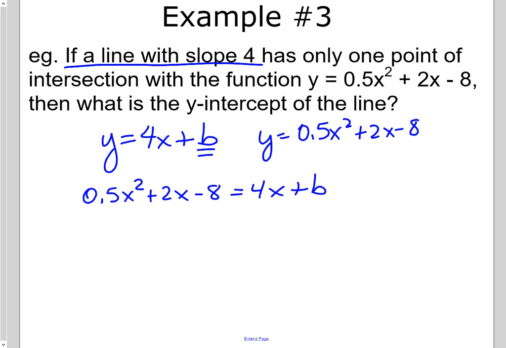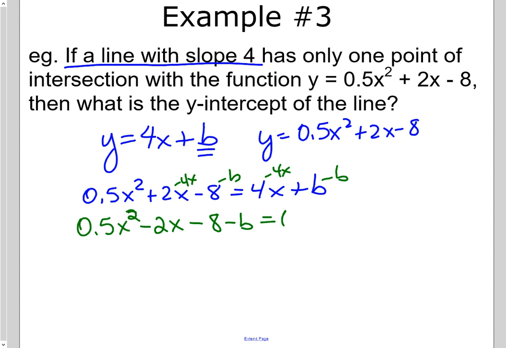We're going to move everything over onto the same side. So I'm going to subtract 4x, subtract b. And what I get is 0.5x squared, 2x minus 4x is minus 2x, minus 8 minus b equals 0.